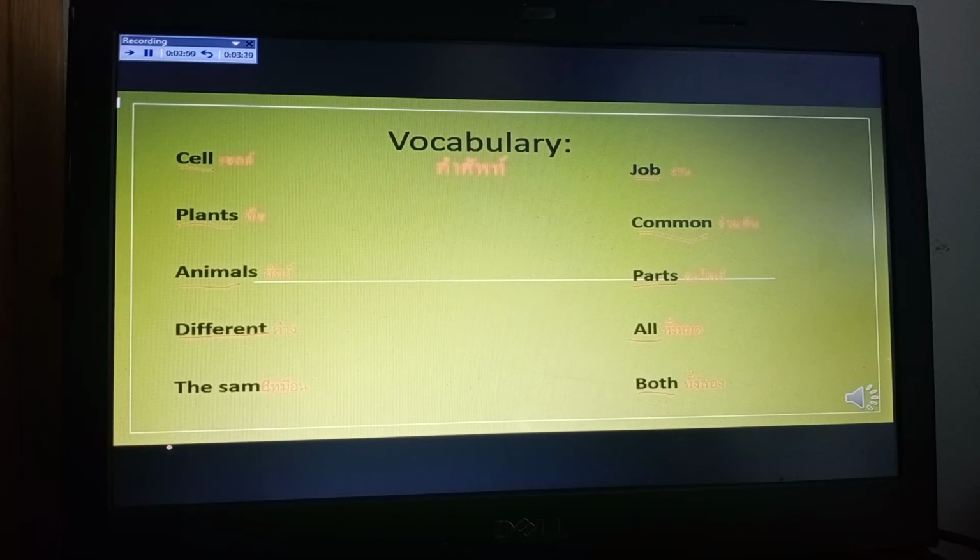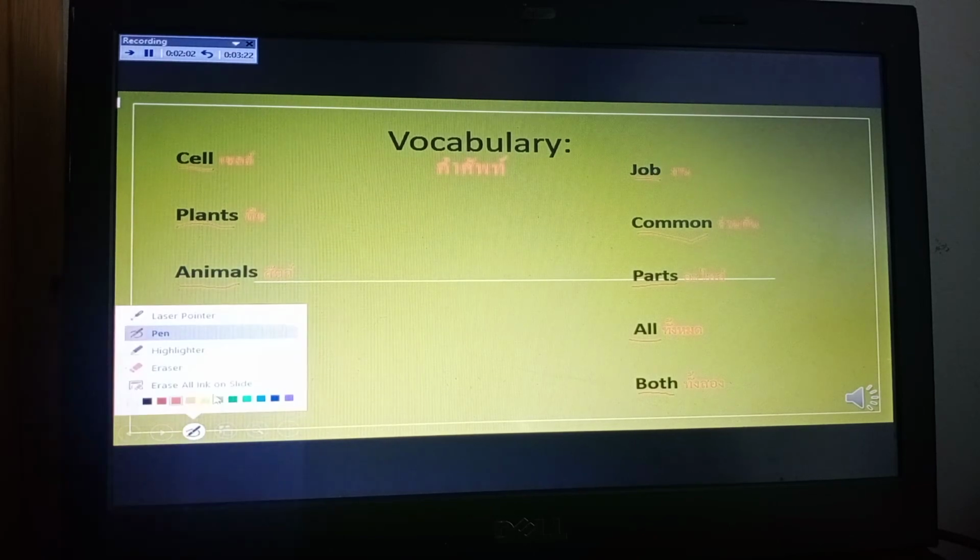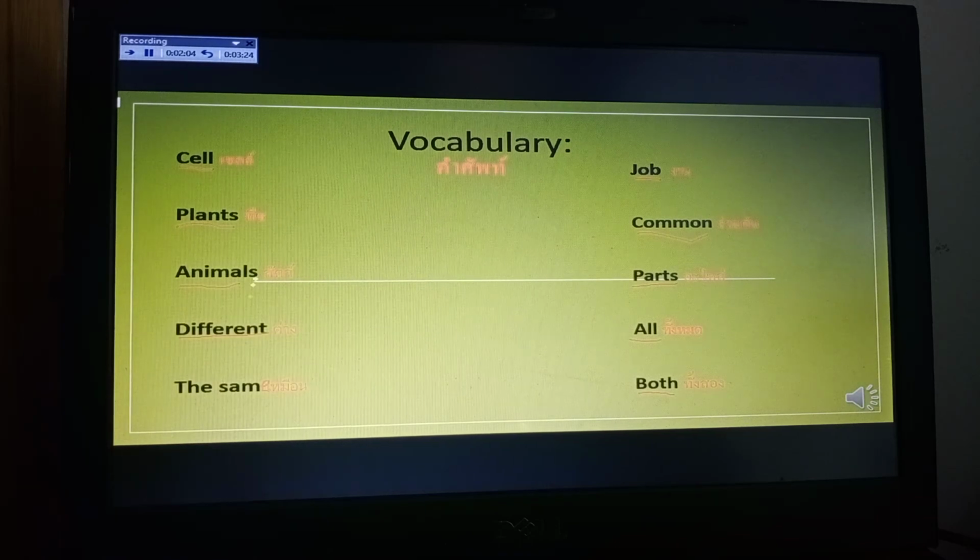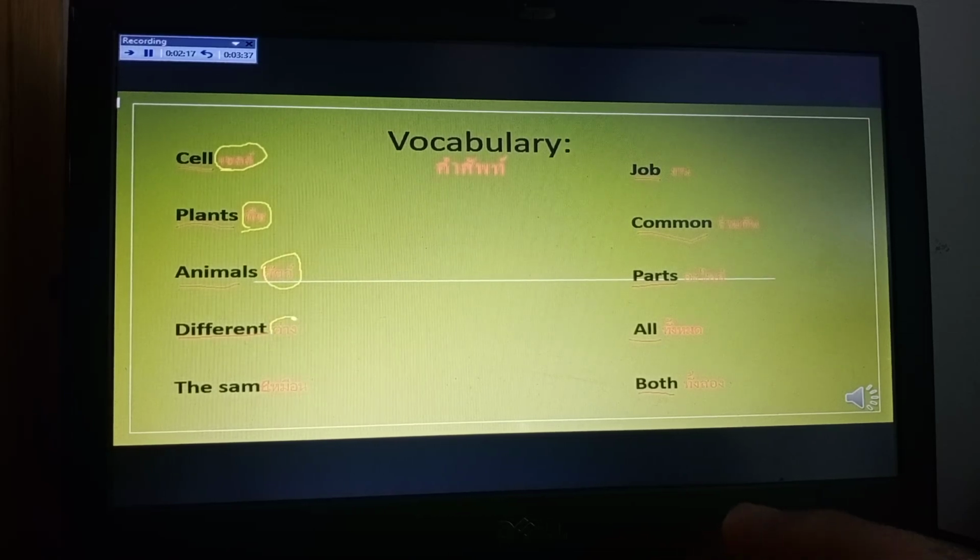Each of the vocabulary presented here, or each of the words you're seeing right now, has its own translation so that it would be easy for you to really understand the meaning of each of the words presented. Okay, I'm going to encircle the Thai translation of each word.